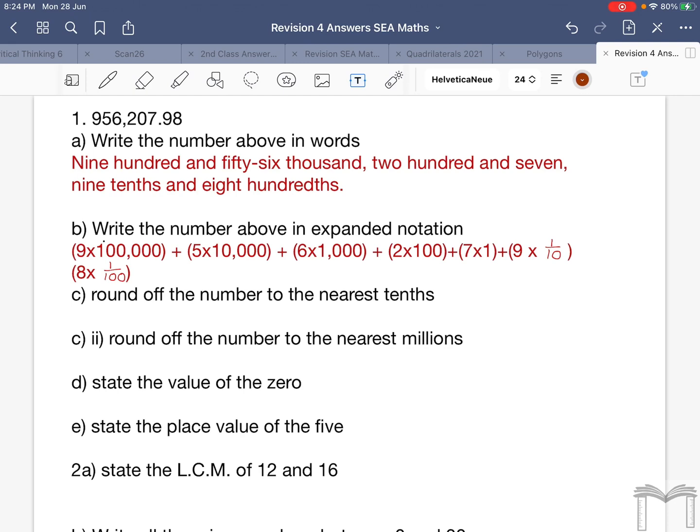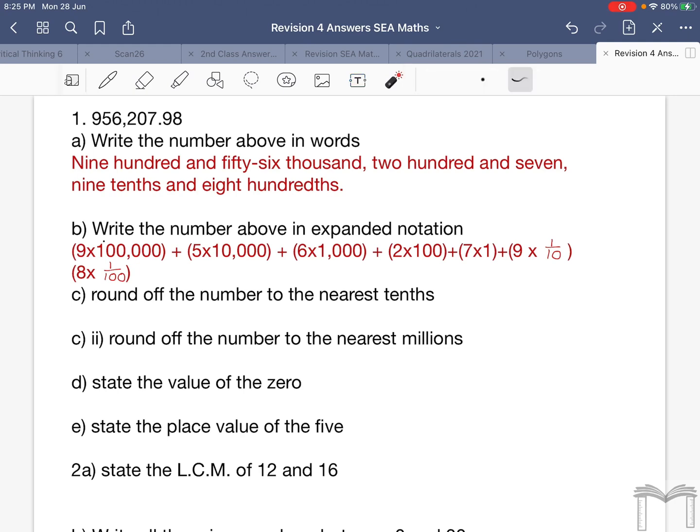Part B. Write the number above in expanded notation. 9 times 100,000 plus 5 times 10,000 plus 6 times 1,000 plus 2 times 100.